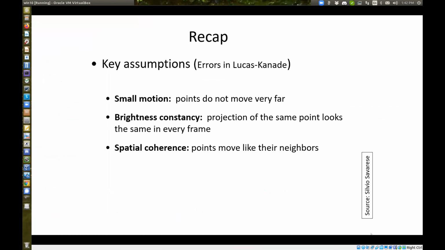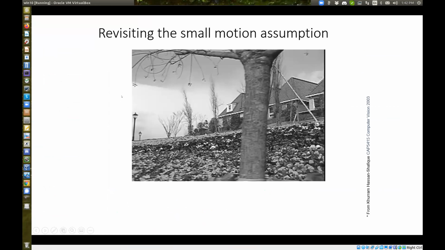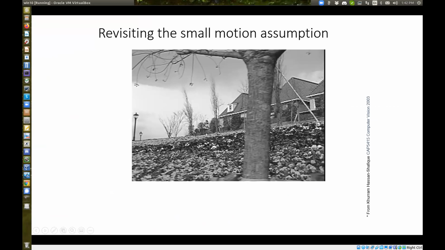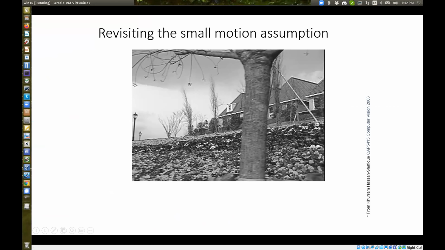One thing to remember in these assumptions is the small motion assumption. But for example, if you have two frames here, for pixels in the far away scene, like the house, maybe the motion is small, but for the tree, closer to the camera, the motion will be pretty big.